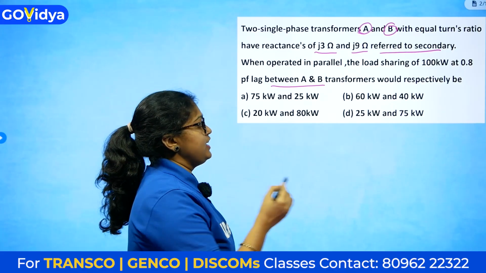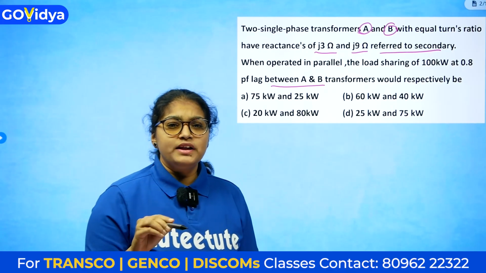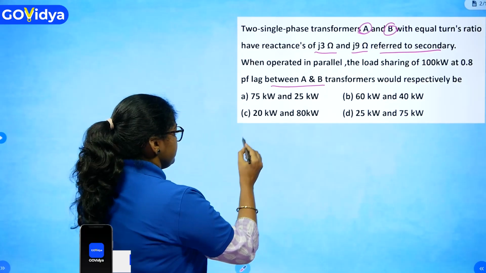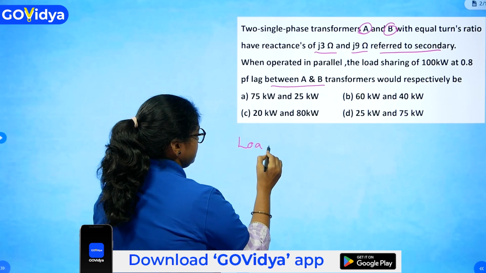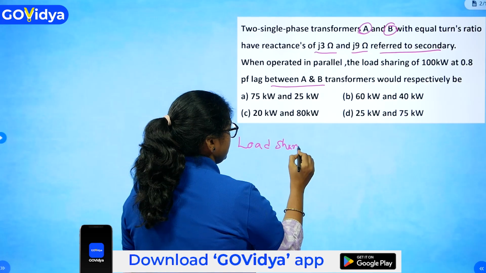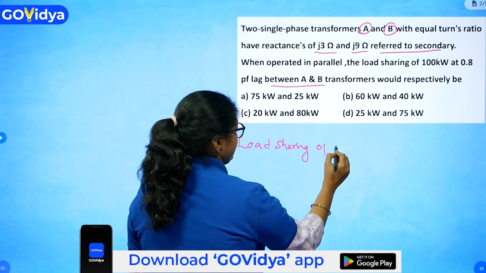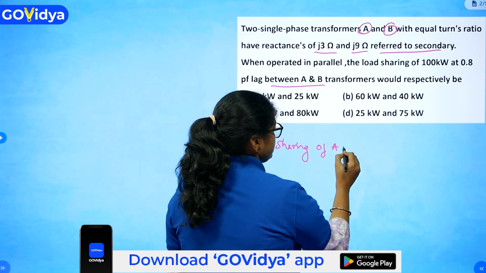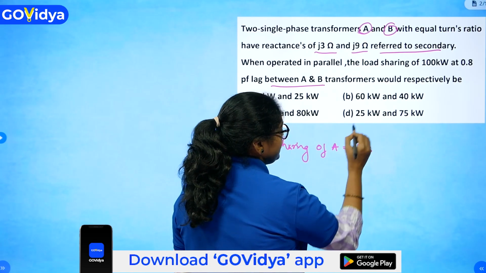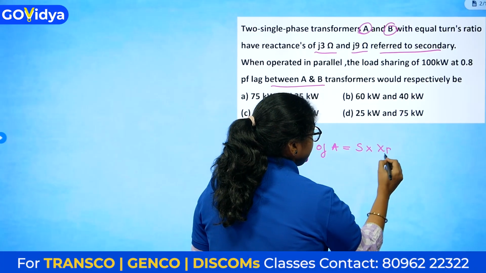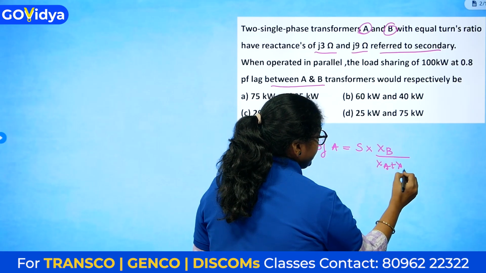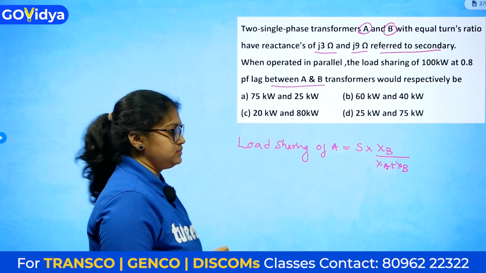Before that, let's know one point. The per unit impedances are inversely proportional to the load sharing. Already we know that. So we will calculate the load sharing of the two transformers. The first is transformer A. That is equal to the total load given in the problem times the impedance of transformer B, by XA plus XB.